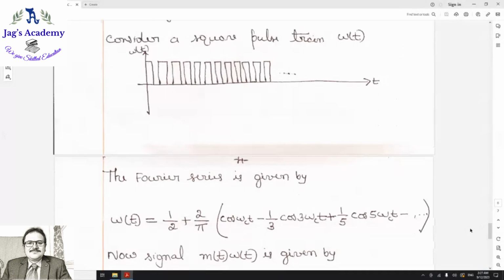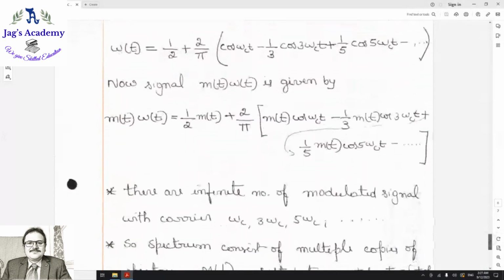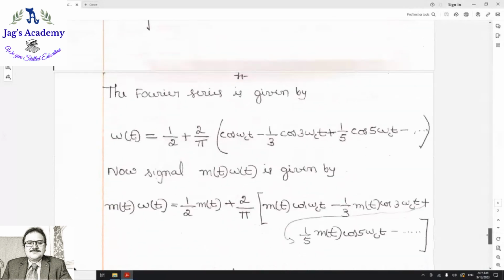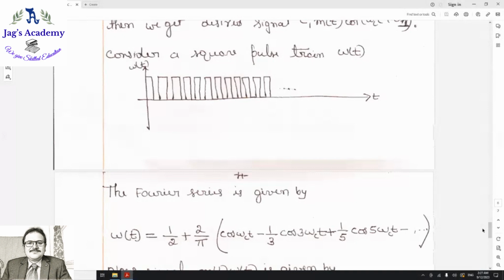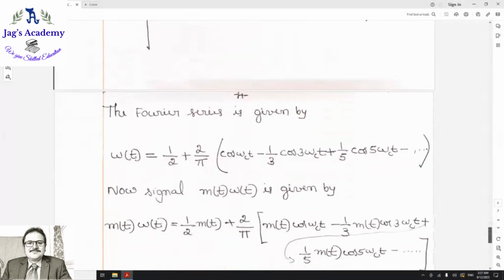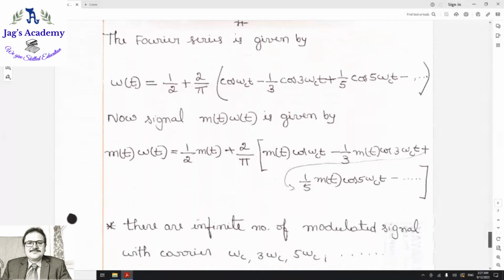Now, I have already done it. So, I can represent the square pulse train. This is a square pulse train. The Fourier series expansion of this square pulse train, which I have calculated already, is given by this.